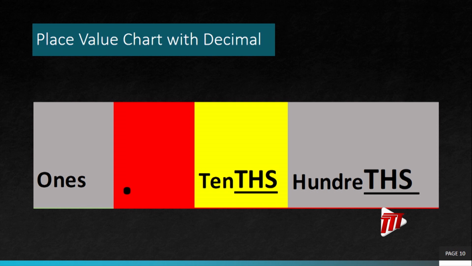So good. After the decimal point, as we go right, we have 2 smaller values. Firstly, the tenths value that ends with a T, H, and an S. And emphasize that when you say it, tenths. And we have a hundredths value with, again, a T, an H, and an S at the end.